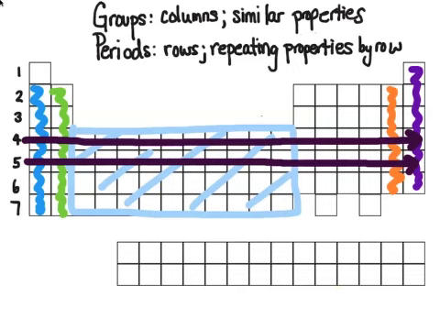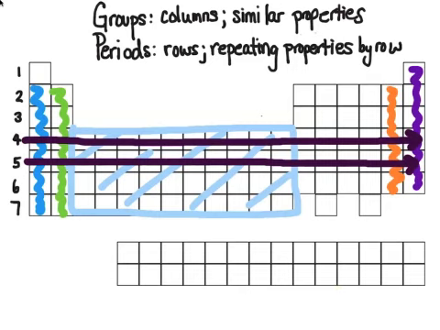As you move across the periodic table in rows, what you're going to see is repeating properties. So in row 4, I went through the same types of elements as I went through in row 5. If I were to go through row 6 and row 7, I would have done the same thing. So the periodic table is arranged by order of atomic number, and the same properties repeat row after row.